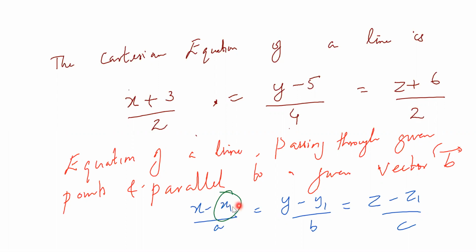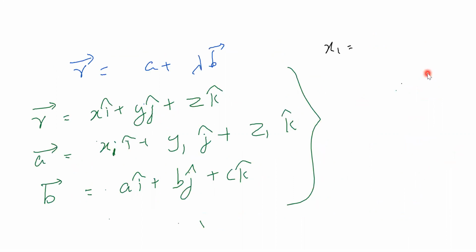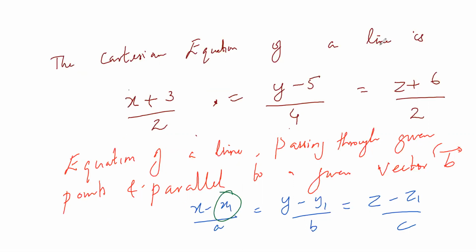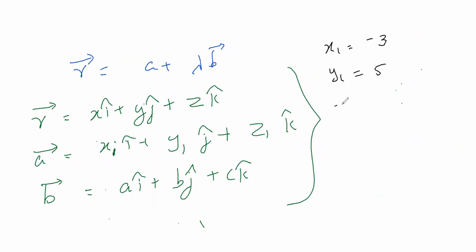What is my x1 value here? x − x1, correct? So the x1 value is minus 3, since minus minus gives plus. The y1 value is 5, and the z1 value is minus 6.